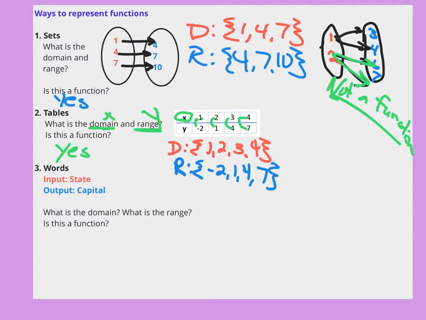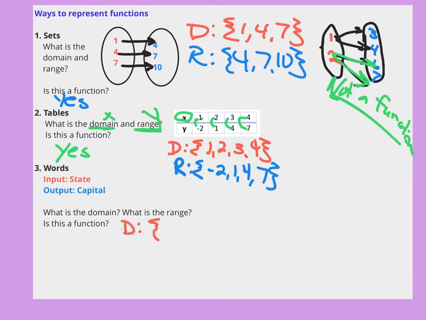So our domain here would just be the listing of states. Here our domain would be the states. We can list out all 50 states, or we can just give a clear description in the domain.